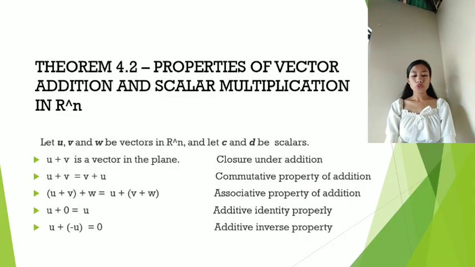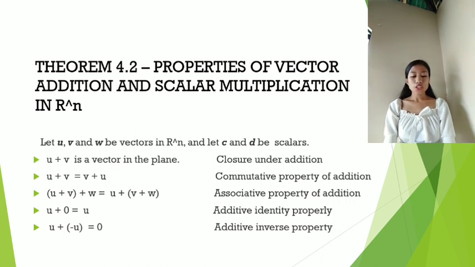Theorem 4.2, Properties of Vector Addition and Scalar Multiplication in R raised to n. Let u, v, and w be vectors in R raised to n, and let c and d be scalars. So number 1, u plus v is a vector in R raised to n. This is the closure under addition.